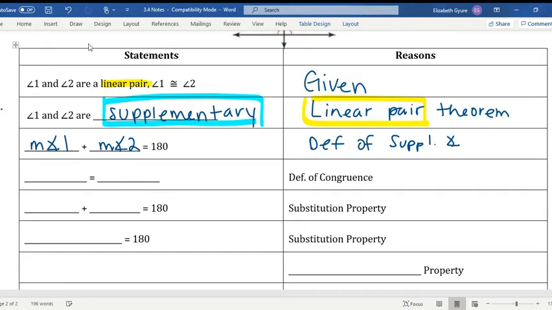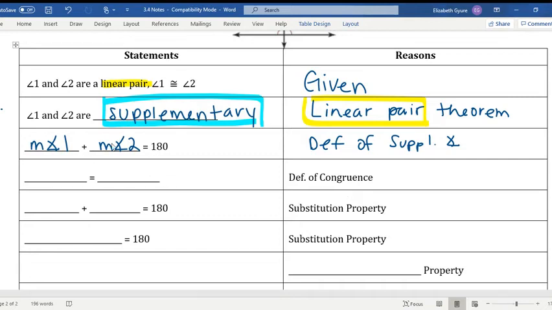All right, now I'm giving you the hint to use the definition of congruence. Do you guys remember what the definition of congruence lets you switch between? It lets you switch between two things. Tyler? Very good. Yes, the congruent symbol and then the equal sign.